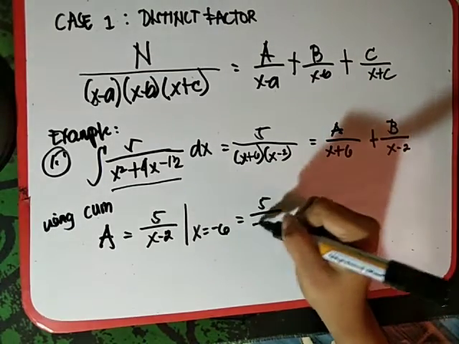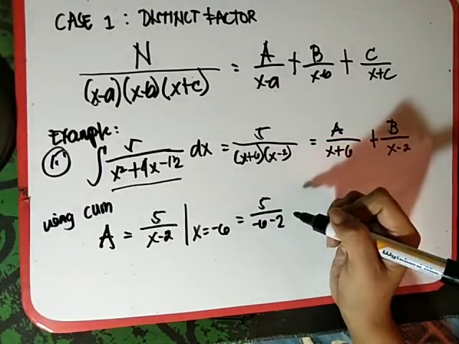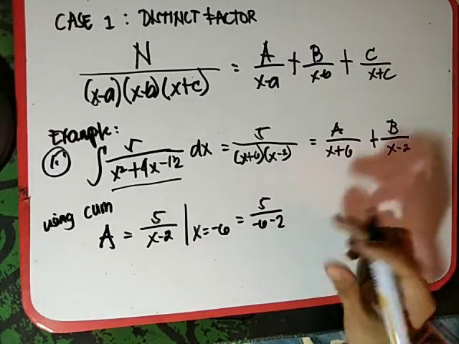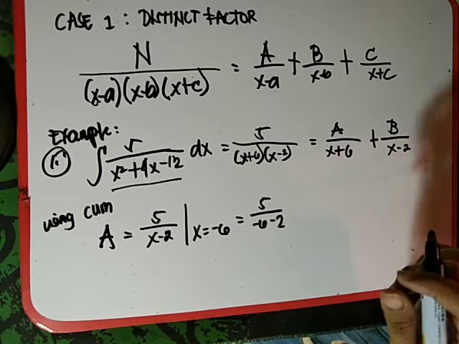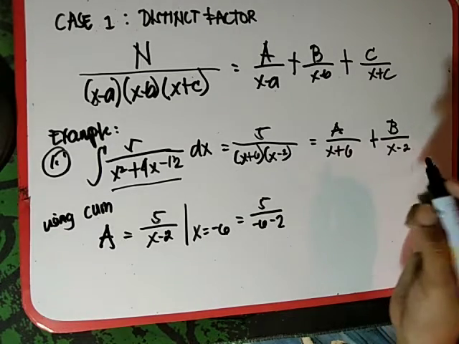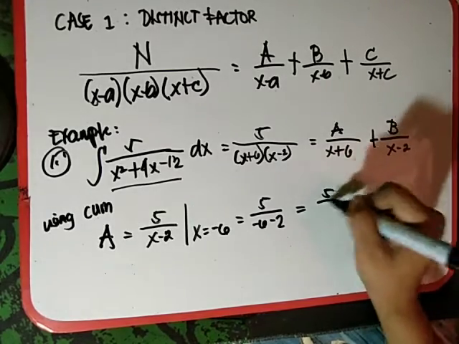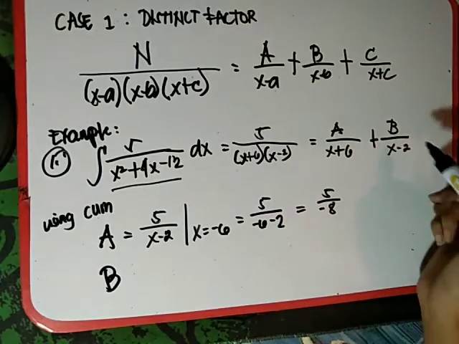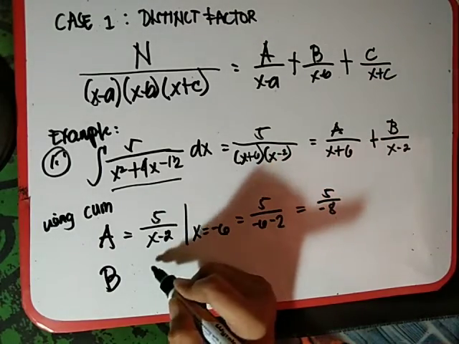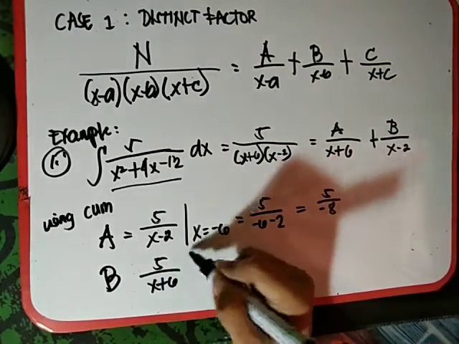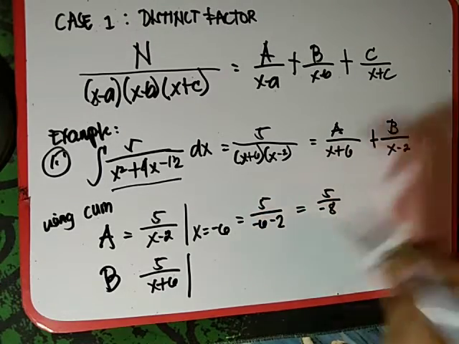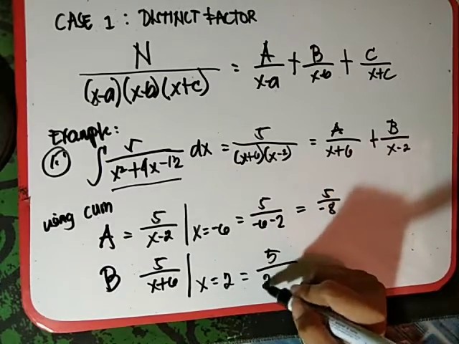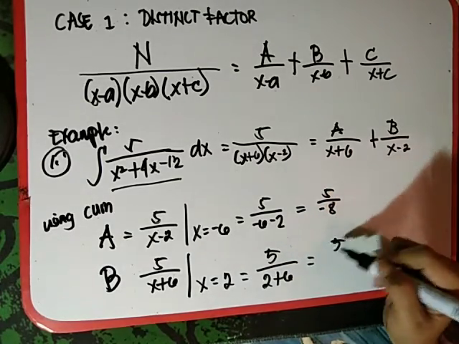So we have 5 over negative 6 minus 2, which is equal to 5 over negative 8. Next is b, that is 5 over x plus 6. We eliminate negative 2, so we set x to positive 2. So we have 5 over 2 plus 6, which is equal to 5 over 8.